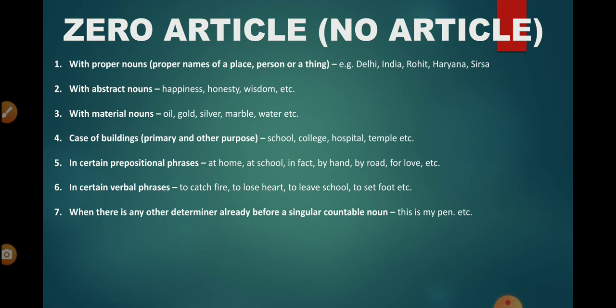So no article is used in that case, if another determiner is already given before a noun. So these are all the major parts of determiners, that was about articles.